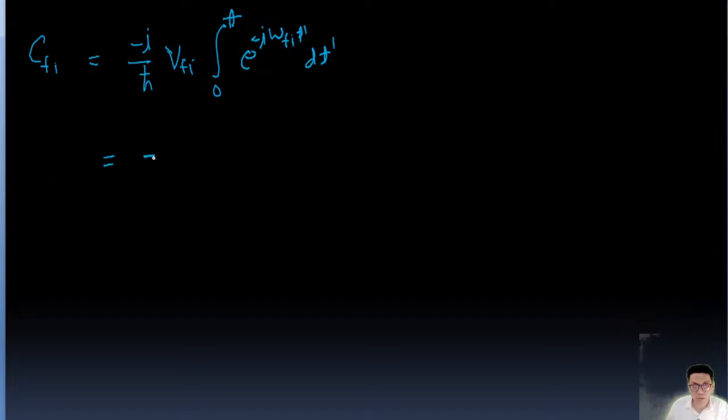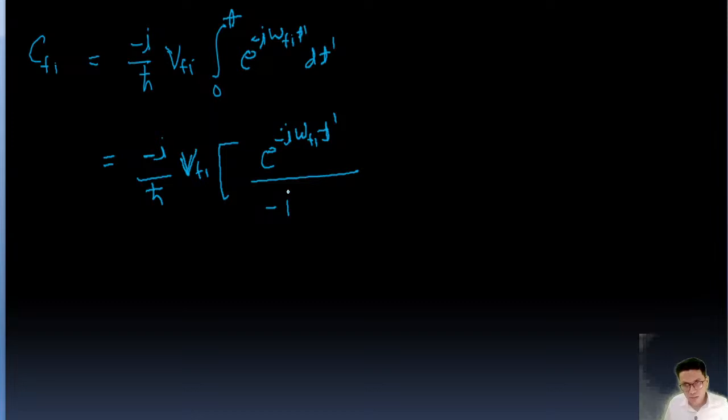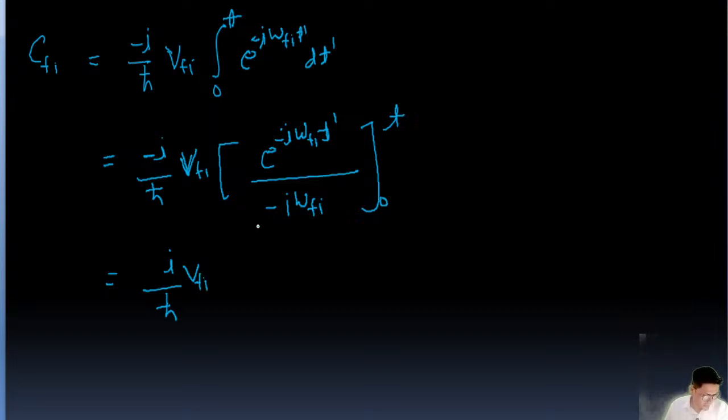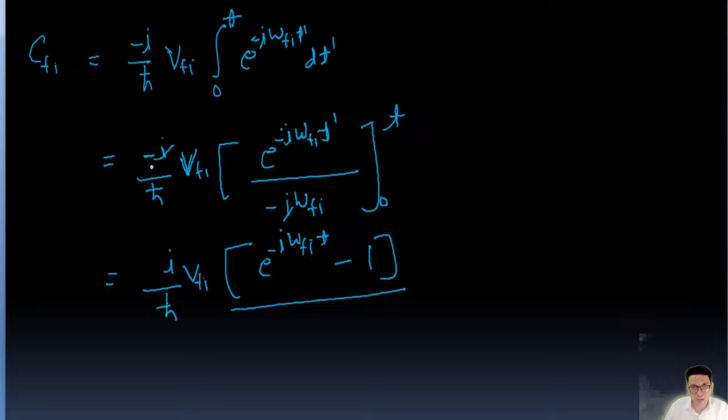Solving it, minus iota upon h cut V_fi, e to the power minus iota omega fi t dash upon minus iota omega fi, from 0 to t. Integrating, the minus signs cancel, so iota upon h cut V_fi, e to the power minus iota omega fi t minus 1, upon omega fi.